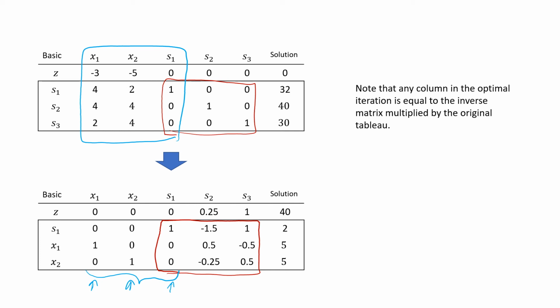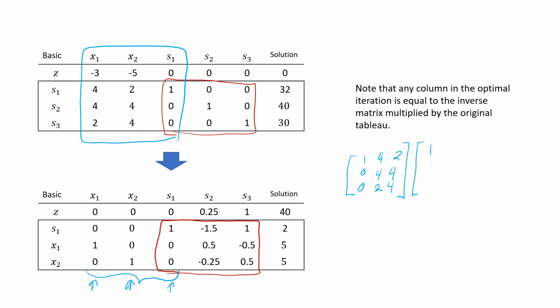So if you take that matrix from our original, putting it in the right order, so S1 first, X2 first, and X1 second, and X2 third, because that was the order that we have of the identity in our final tableau.